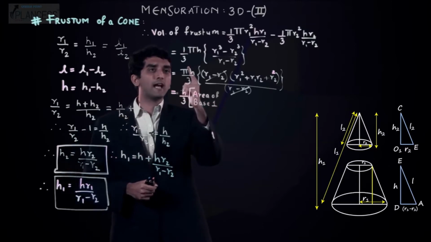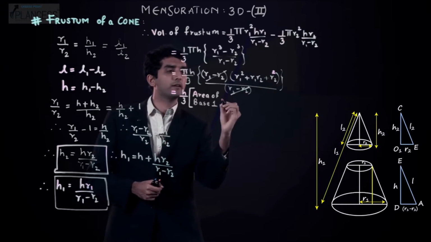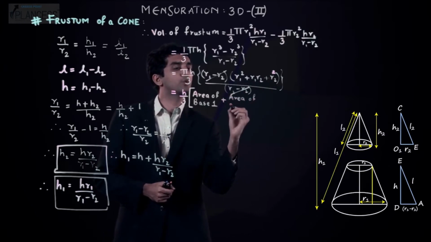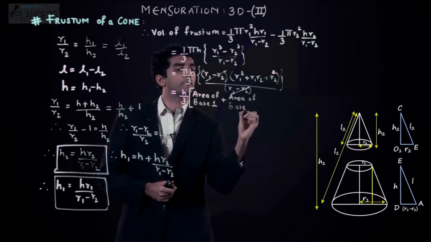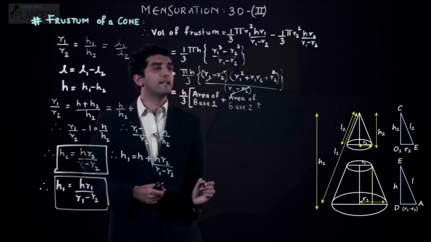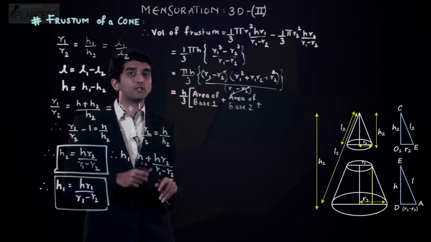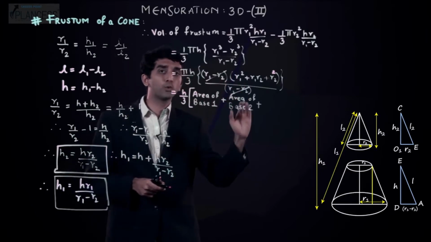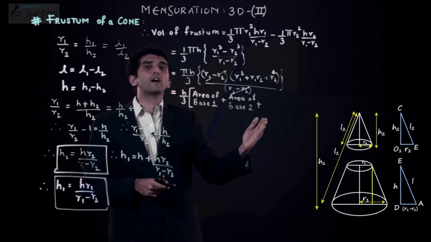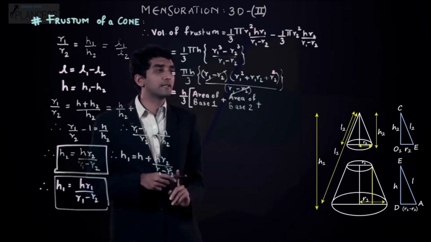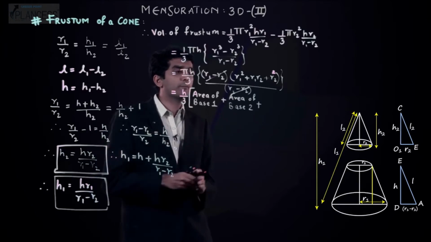Then we have pi r2 square, which is area of base 2, and then we have pi r1 r2, which can be written as root of pi square r1 square r2 square.